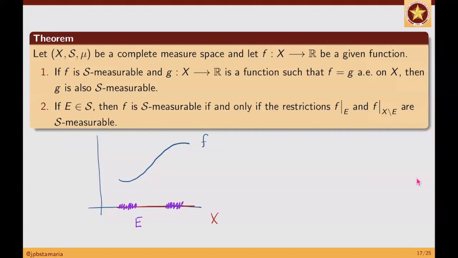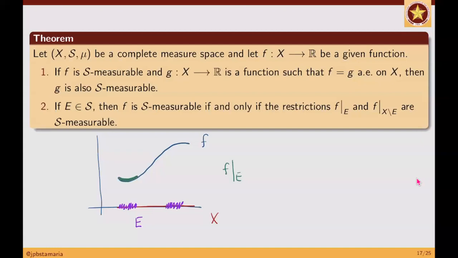Nasaan yung restriction? So where is now the restriction of F in E? So anong itsura ng graph ng restriction ni F sa E? Basically, kokopyahin mo lang si F pero puputulin mo siya doon lang sa portion kung saan nasaan si E. So ganito siya.